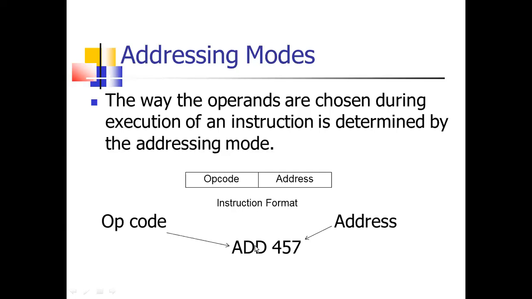Add is the OP code, and 457 is the address of the operand. Addition requires 2 operands. One operand we are assuming is stored in the accumulator register, and another operand will be collected from the memory addressed by 457, specified as part of your instruction.